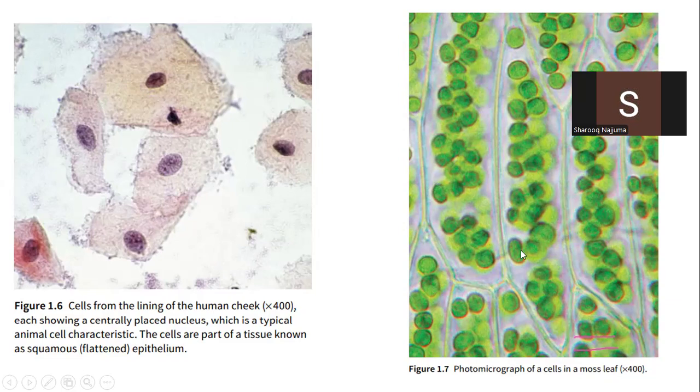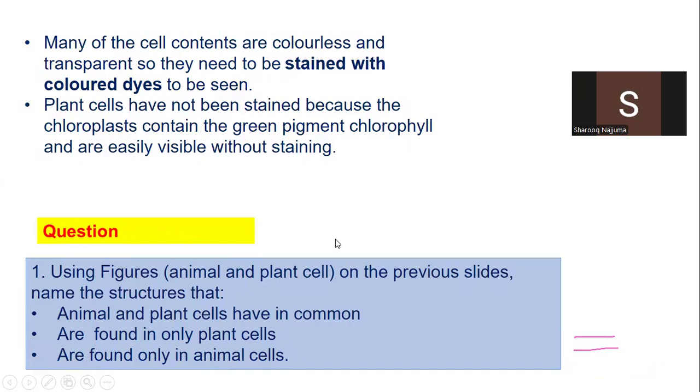Then even here we have the moss leaf cells. You can see the cell wall, the chloroplast. This is from a plant cell. This is from an animal cell. So when you look at a cell, many of the contents in a cell are colorless.